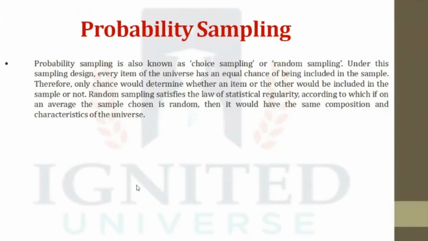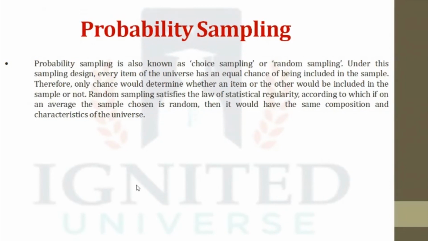Therefore, in this, only chance would determine whether an item or the other would be included in the sample or not. Random sampling satisfies the law of statistical regularity, according to which, if on an average the sample chosen is random, then it would have the same composition and characteristics of the universe.